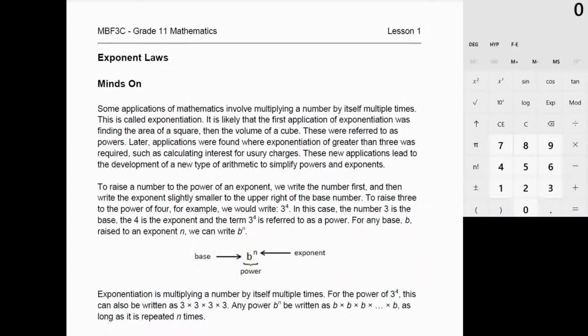And when we write exponents, we can find some properties between them that help us simplify things down into easier mathematics. So we're going to use that information to generate what we call the exponent laws.